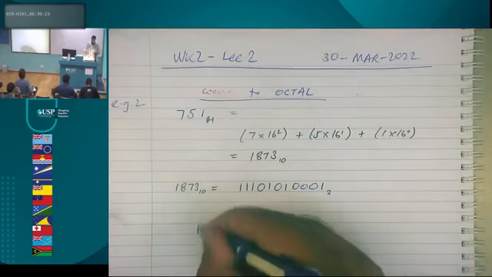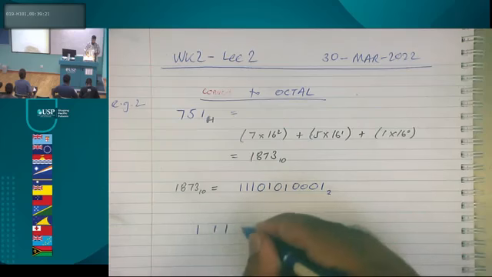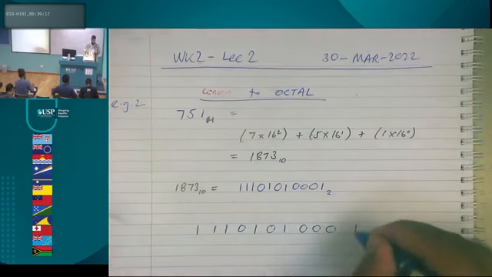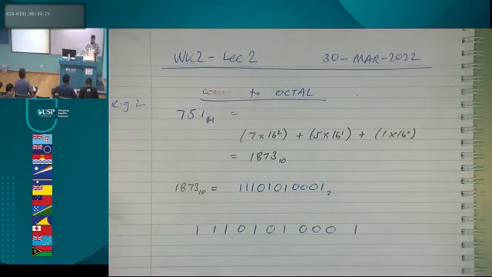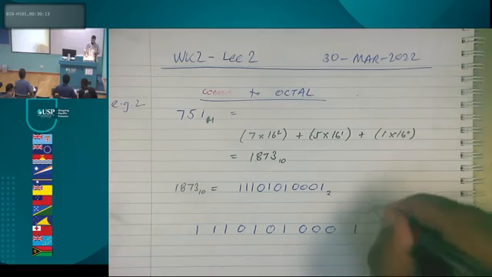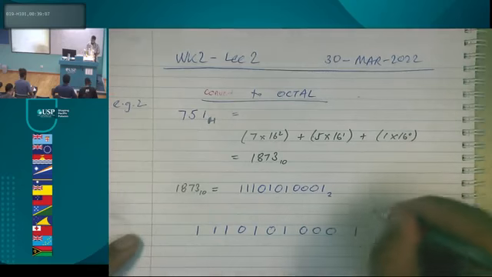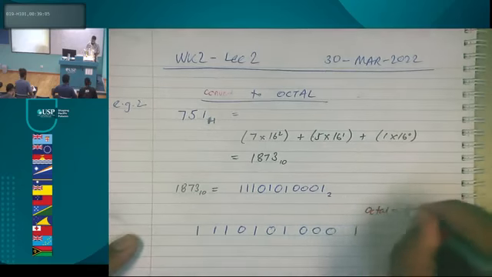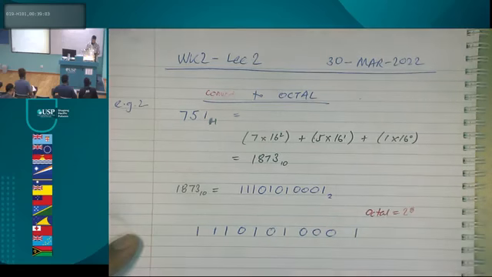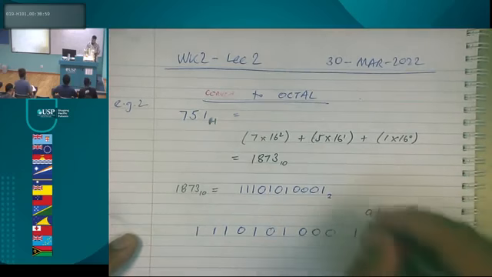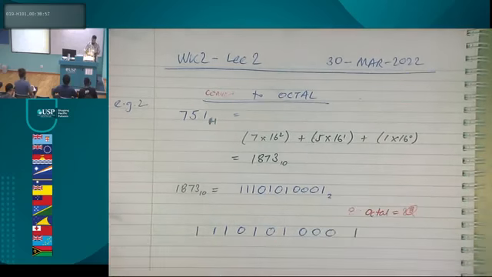So we rewrite our problem: 111, 01, 01, 0001. Now, as you recall, octal is base 8, which is 2 to the power of 3, which is groups of 3.